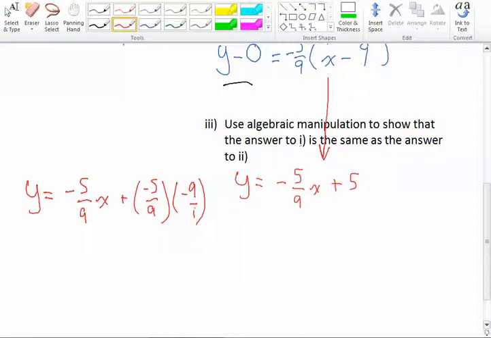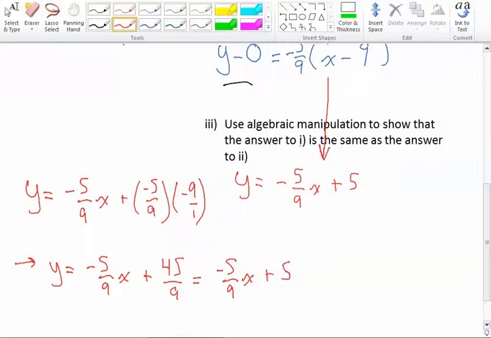So our next step is just to simplify. So I'm going to get y is equal to negative 5 over 9x. So now, for fractions, multiply tops, multiply bottoms. So I'm going to get plus 45 over 9. And 45 over 9 becomes, yeah, so it's just a fraction simplification.